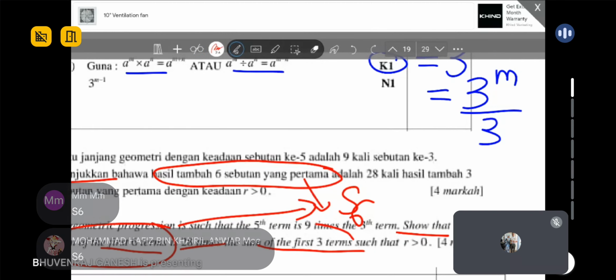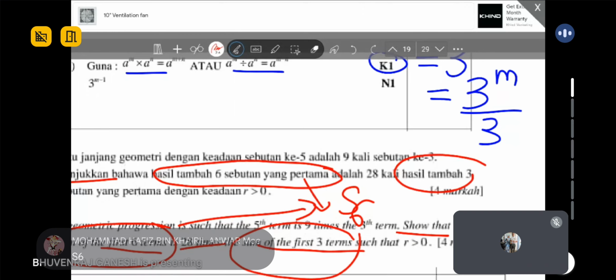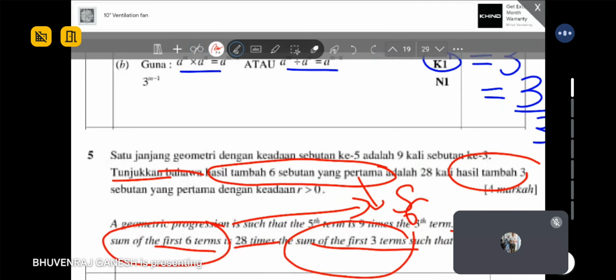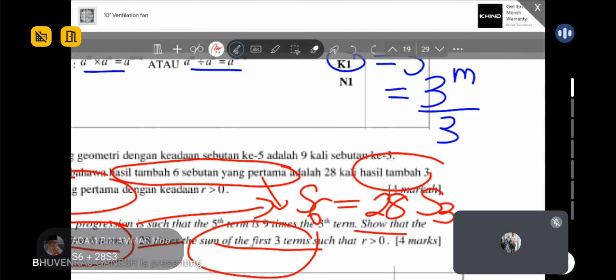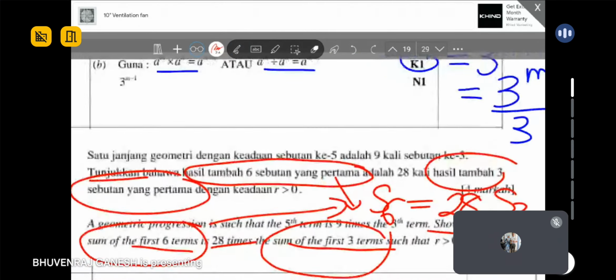Okay, and then sum of first 3 terms. This one is S3 lah. Okay, S3. Okay, so S6 equal to 28 times S3. So this is your equation. Yes, correct. It must be equal, not add, because it says is.